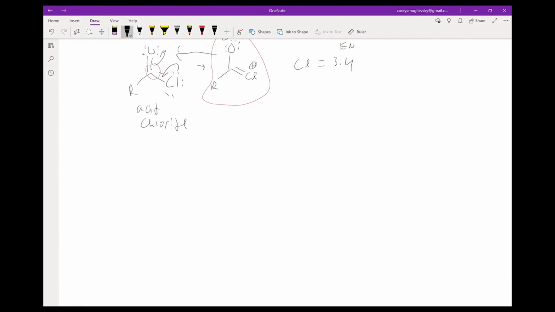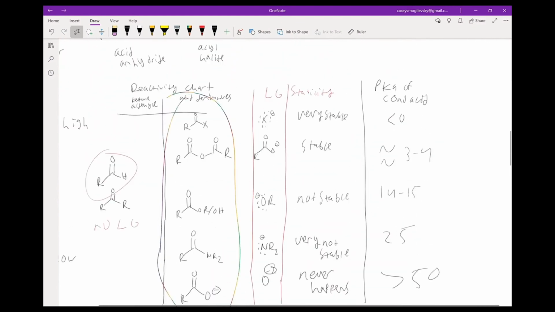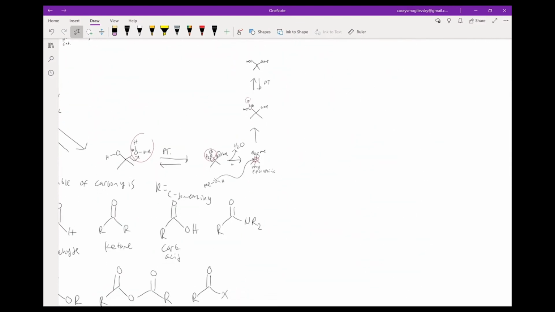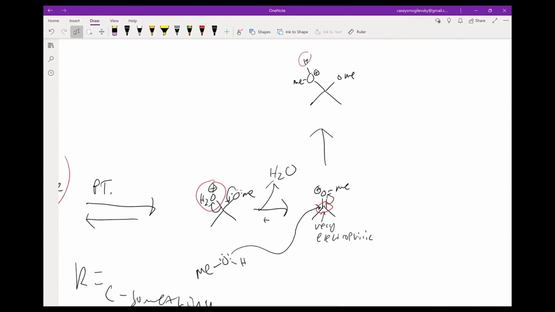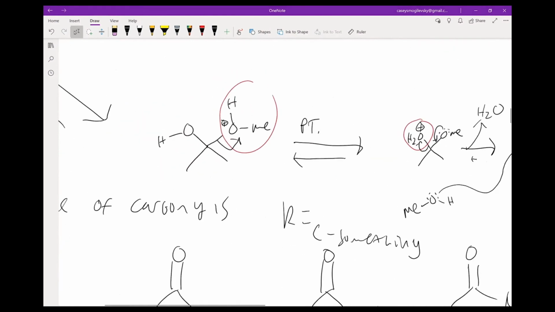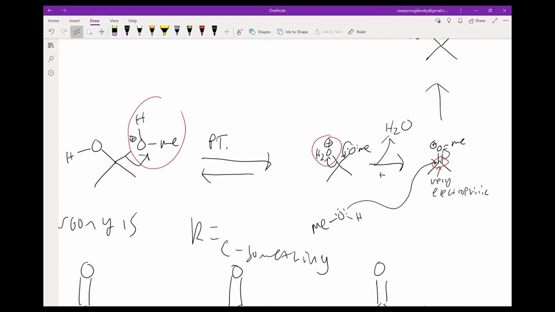And if we look back, actually, to tie it back into something we talked about earlier, these reactions are actually kind of similar to the second part of this acetal formation.